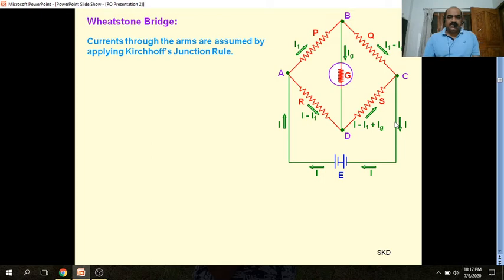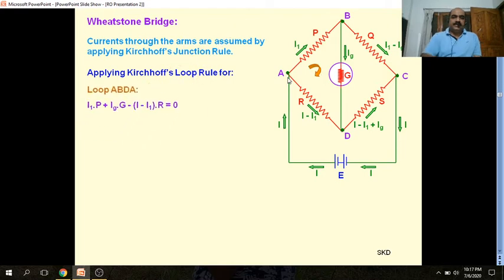According to the Kirchhoff junction rule, we distribute the current first. Then we apply the loop rules one by one. So if we see here, one of the loops is ABDA. So let's apply the loop rule for this loop, which is named as ABDA.